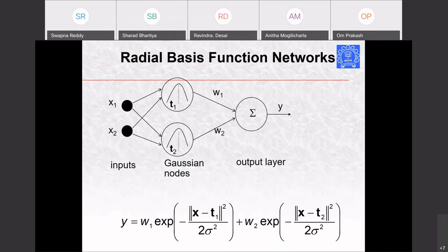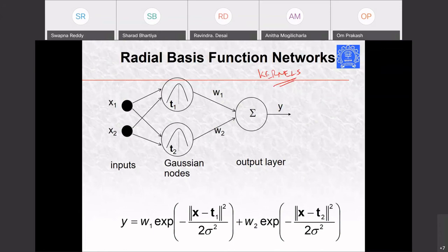Let me look at the time. I have about 10 minutes more. So let me talk briefly about one more neural network, from a slightly different category of neural networks, which are based on kernels. It's just a three or four slide exposition, so I should be able to finish it.